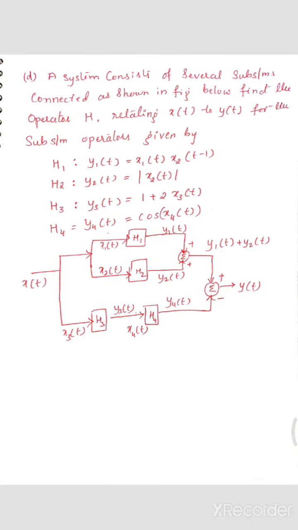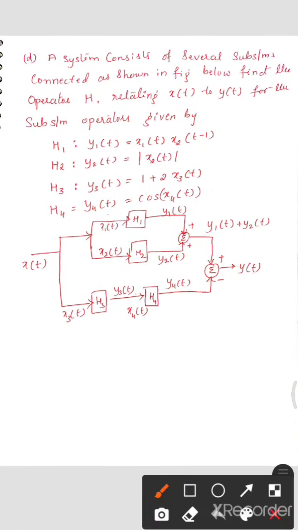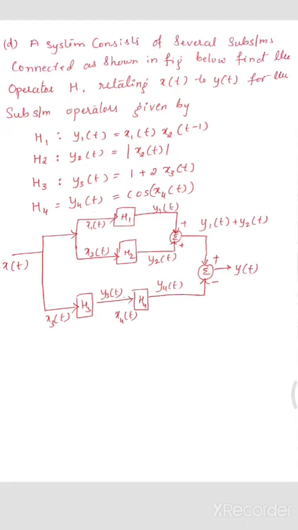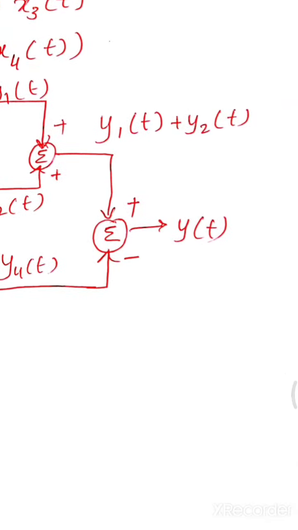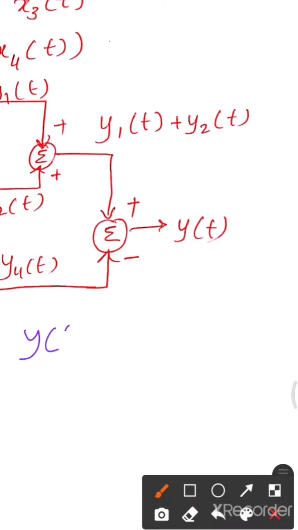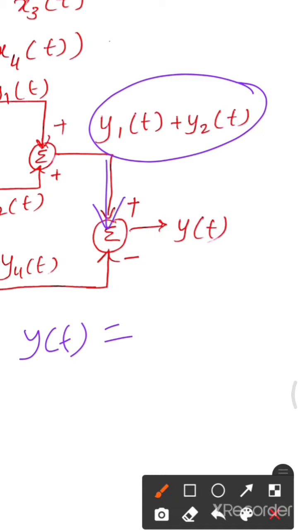Now what we have to do is observe. They have given this y of t. Directly we can calculate that. Y of t equal to what? Y of t is equal to y1 of t plus y2 of t, because there is a summation, which is this y1 of t plus y2 of t.